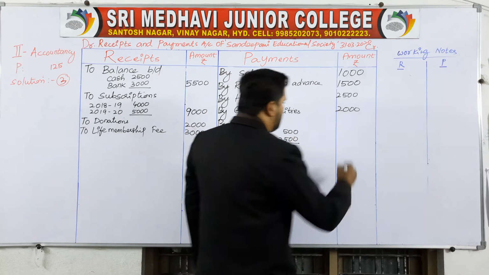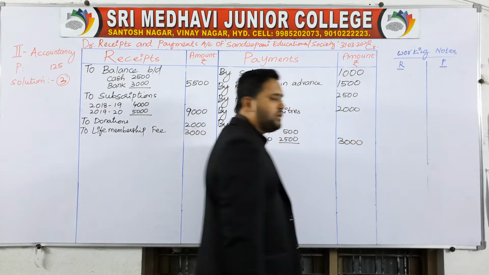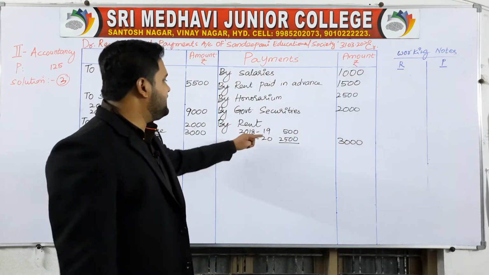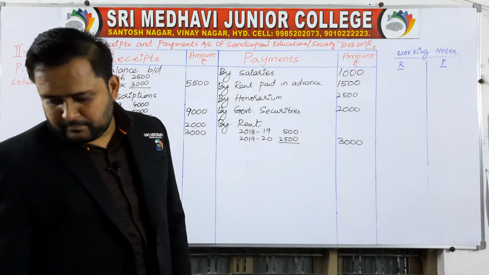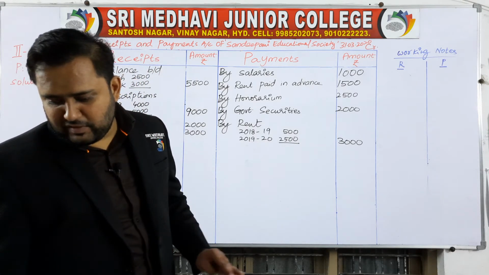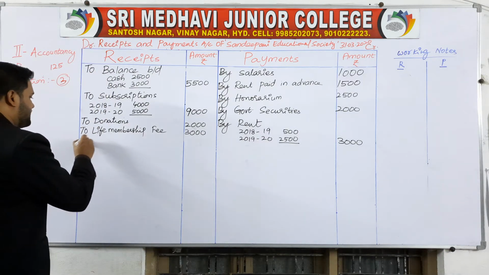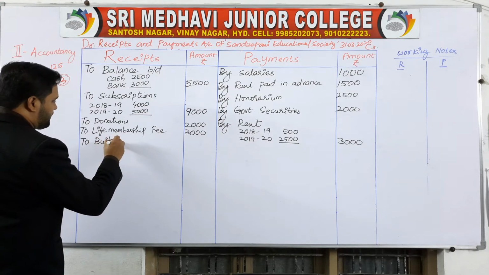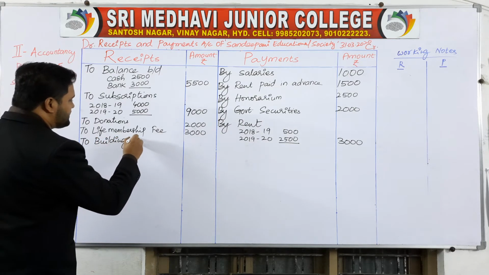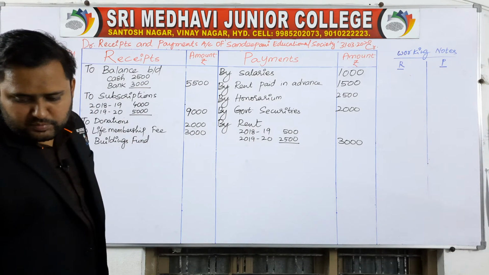So total rent paid is 3000. Building fund received. So we received the fund in the name of building. Write on the receipt side: to building fund, 4000 rupees.